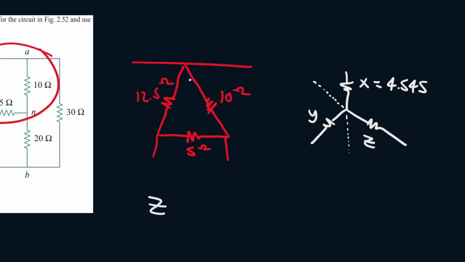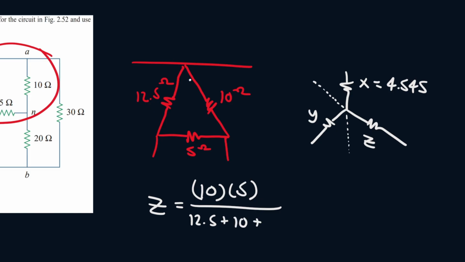So Z will be equal to 10 times 5 all over 12.5 plus 10 plus 5, and that equals 1.818. So that's what Z is equal to.